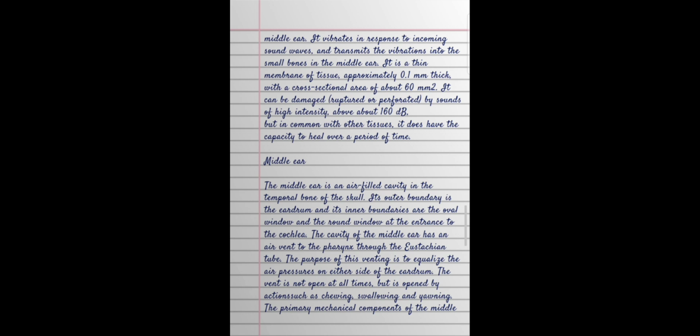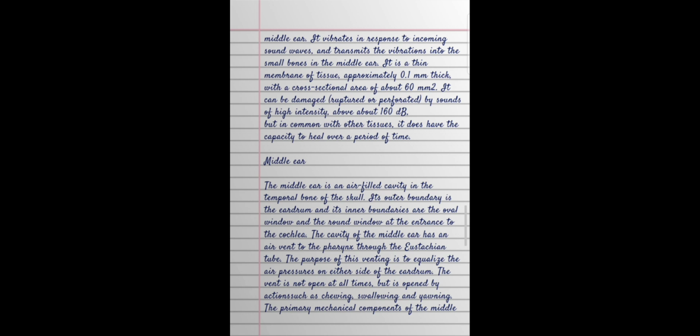It can be damaged, ruptured, or perforated by sound of high intensities, above about 160 decibels. But in common with other tissue, it does have the capacity to heal over periods of time.